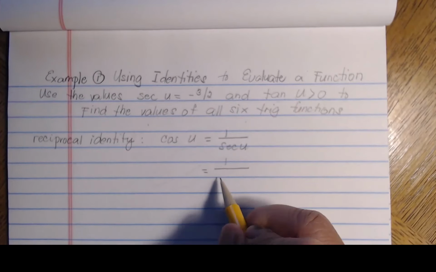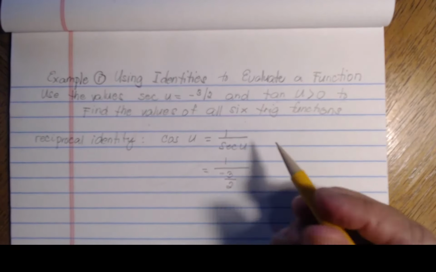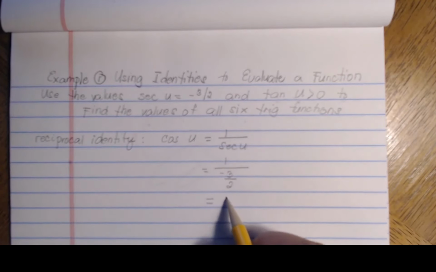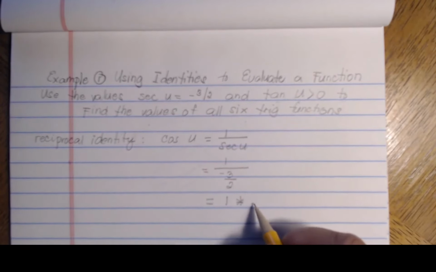Well, secant is negative 3 over 2, so applying division of fractions, the numerator, which is 1, is multiplied by the reciprocal of the denominator, which is negative 3 over 2. So now we flip this and we get negative 2 over 3.